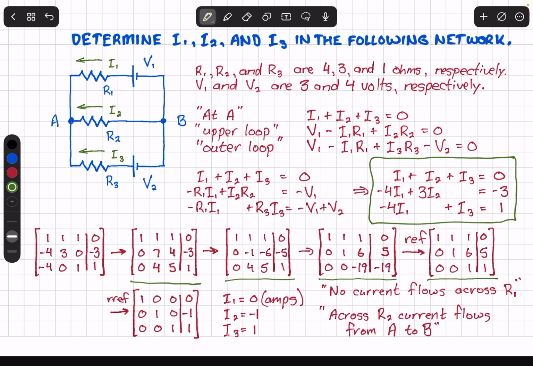So really I2 is moving from left to right. So we could describe this by saying there is no current flowing across R1 in this circuit. And across R2, current is flowing from A to B, 1 amp. And across R3, the current is flowing from B to A, 1 amp.